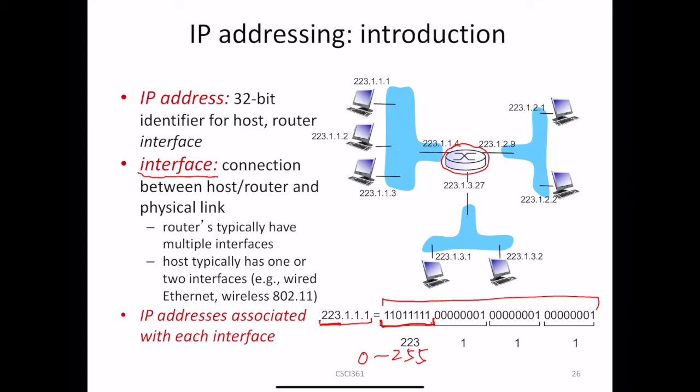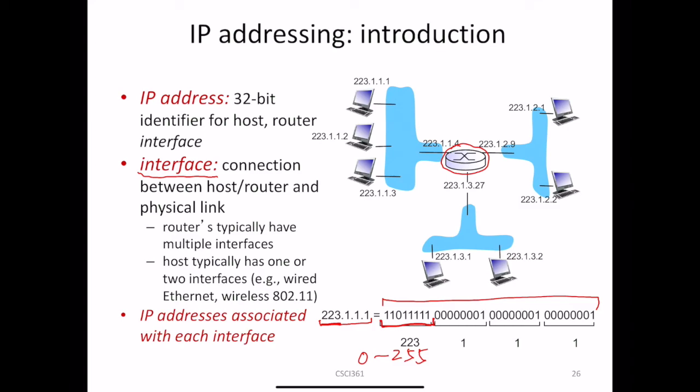And a normal host typically has 1 or 2 interfaces, for example, the wired Ethernet or the wireless interface. Most desktops have a wired Ethernet interface and may also have an embedded wireless interface.